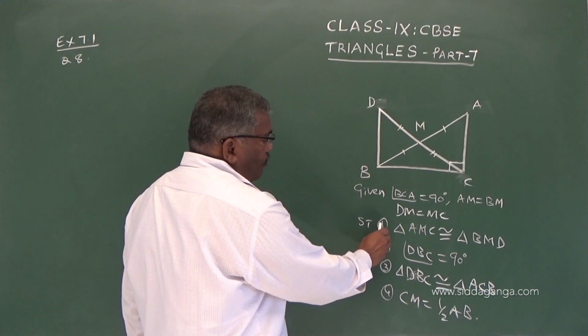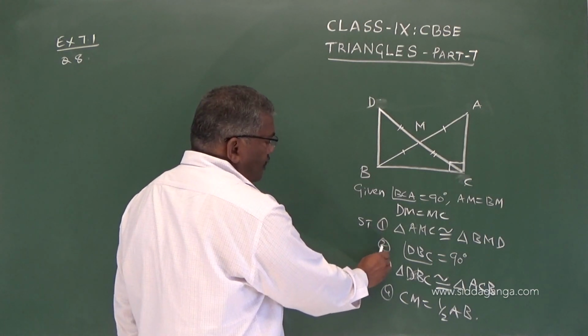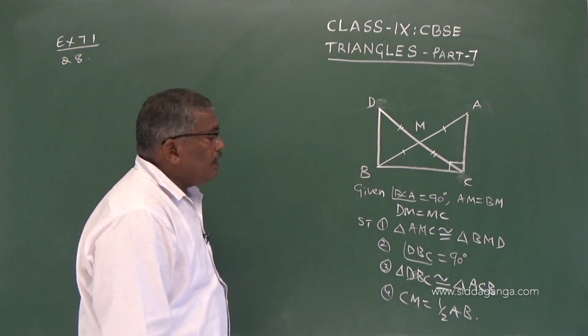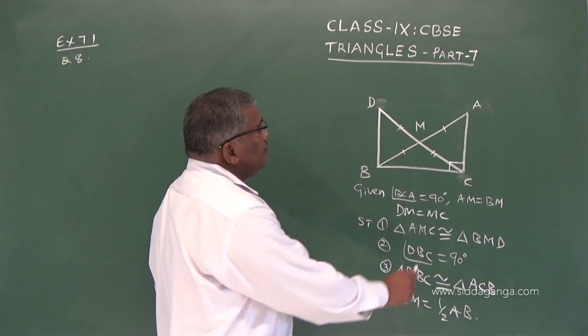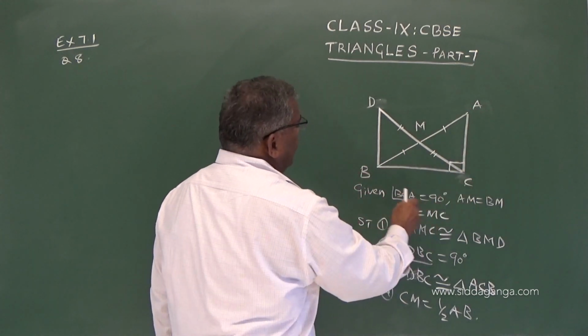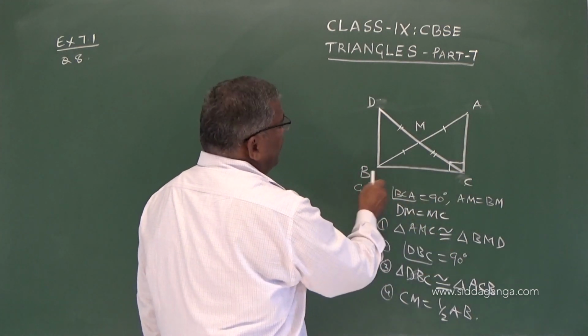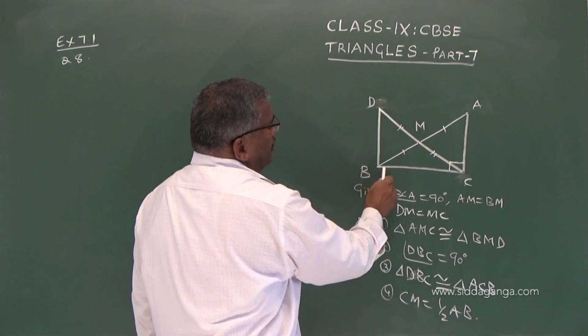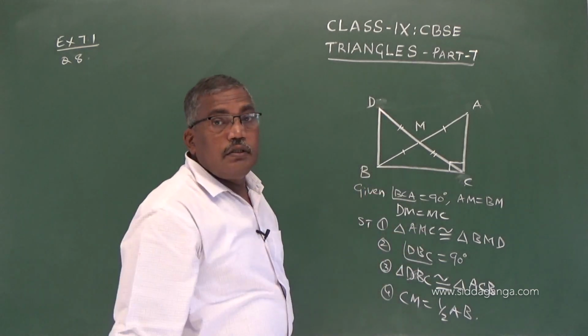in the last class we have proved sub questions 1 and 2. We have proved that triangle AMC and BMD are congruent.